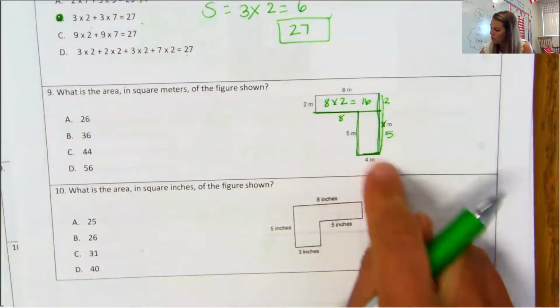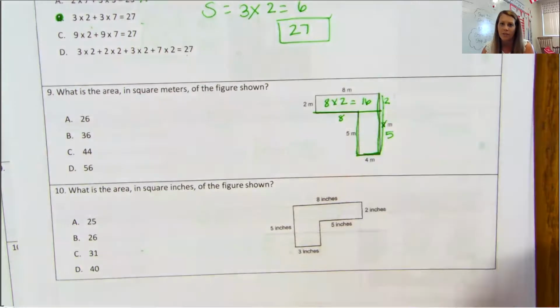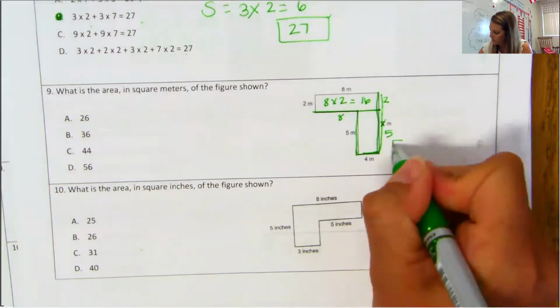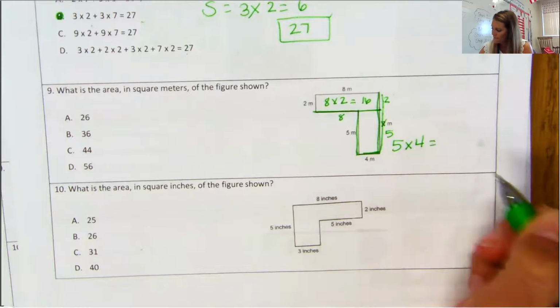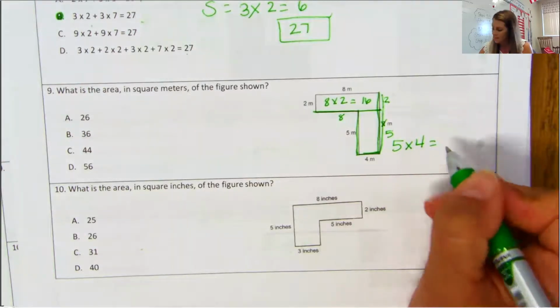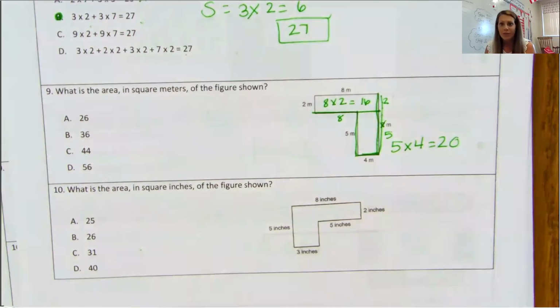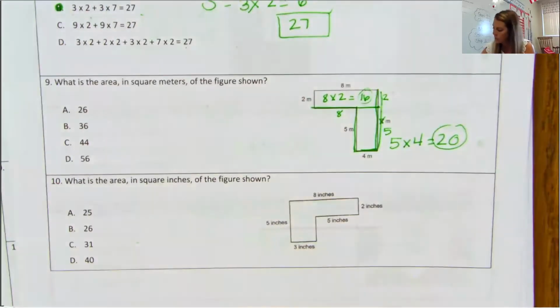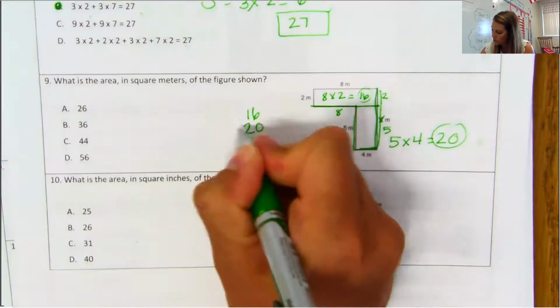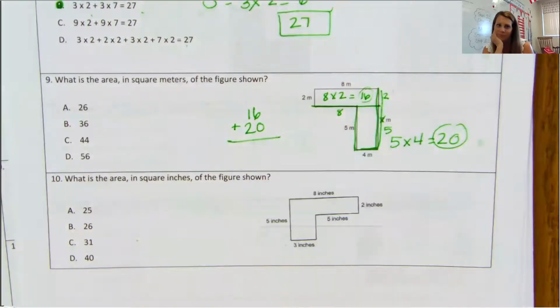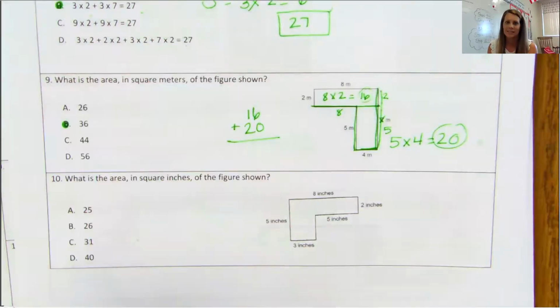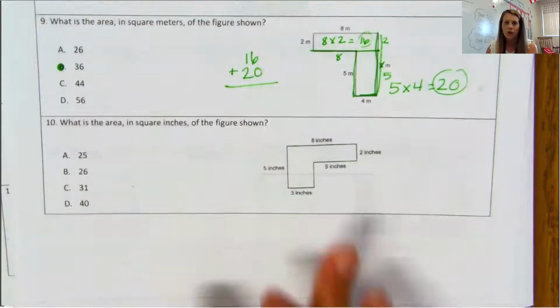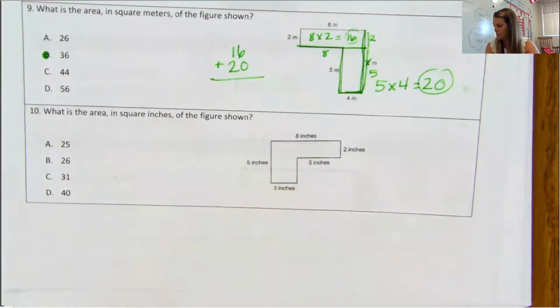So then how would we solve the area for this rectangle? 5 times 4 equals what? 20, right? So then we have to do one more step. We have to do something with the 16 and the 20. We have to add them. So what did you get? You should have gotten 36.